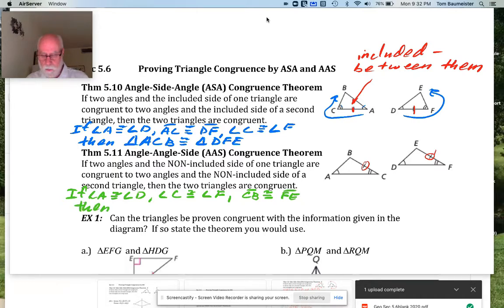Then, again, it doesn't matter which way we go. Just remember our orientation has to be the same. So on this one here, let's go this way for something different. If I say triangle CAB, you can tell me it's congruent to triangle, well, look at how I went.